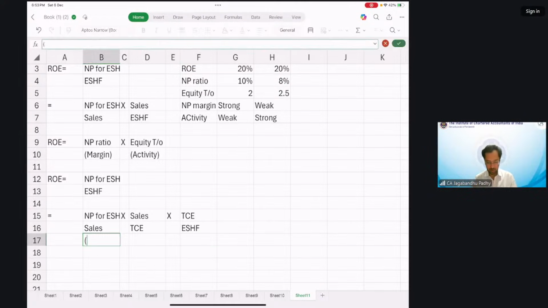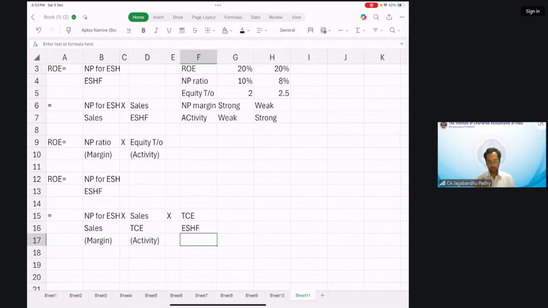So this part is going to tell us the profit margin that we have. The second part is going to tell us how much is the activity. The third part is going to tell us the level of gearing that we are having, because we would like to know the amount of total capital employed as compared to equity shareholders fund.